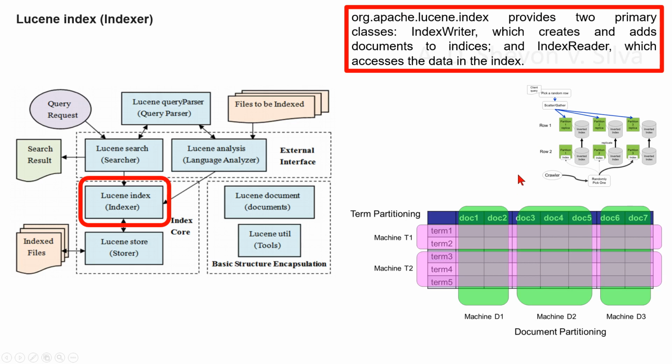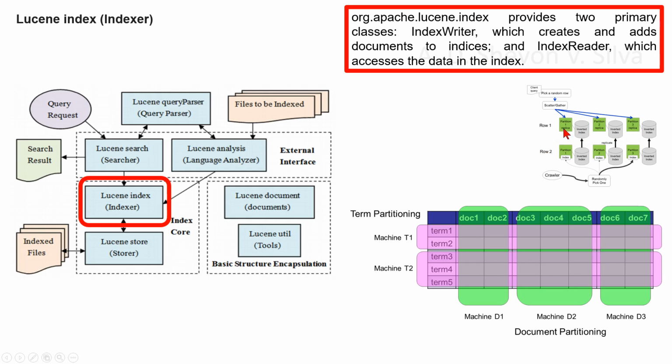During document indexing, the first row of machines is randomly selected and will be allocated for building the index.